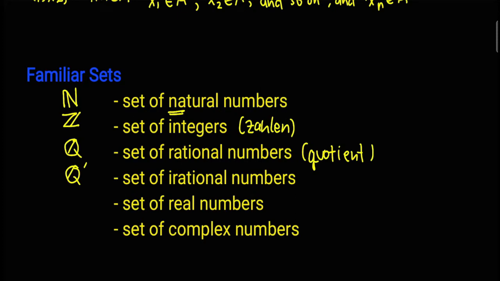So that means the set of irrational numbers is actually the complement of the set of rational numbers, of course, with respect to the set of real numbers, which we usually denote by the capital letter R. So the set of real numbers is denoted by the blackboard letter R. Finally, the set of complex numbers is denoted by the blackboard letter C.